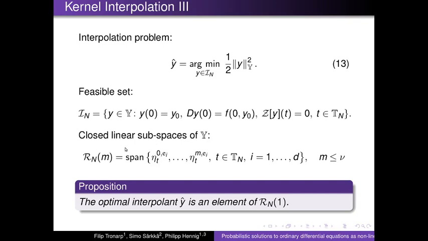So if we define the closed linear subspaces of the RKHS as this R_n of m, which is just the space spanned by the representers of evaluation of the derivatives up to order m at the grid points, then we can see that the optimal interpolant is just an element of R_n of 1. So we can expand it in representers of function evaluations and the derivative evaluations, or the representers associated with those.